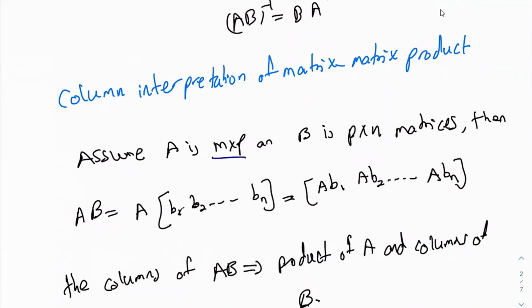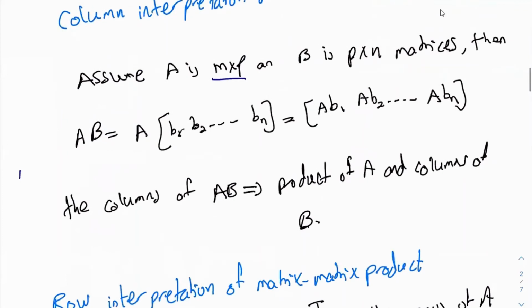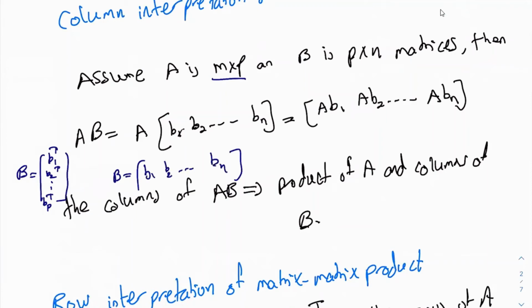Remember, we could represent any matrix, let's say B, in two different forms. One of them was B1 transpose, B2 transpose, all the way to Bp transpose, as a block row representation with p rows, or we could represent it as a block column representation, B1, B2, and Bn, because it has n columns. So here we look at the column representation of matrix B.